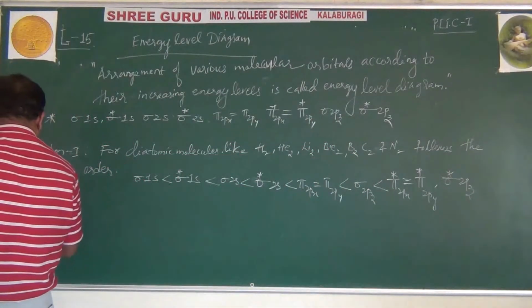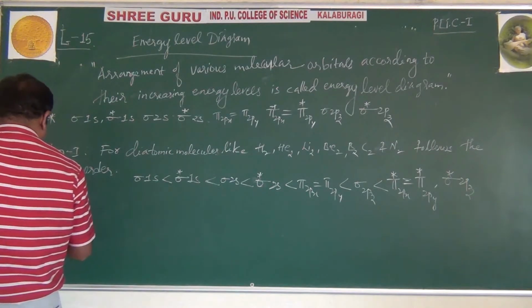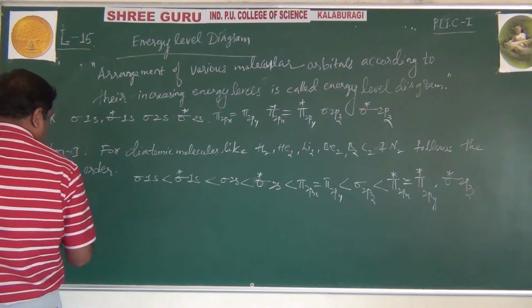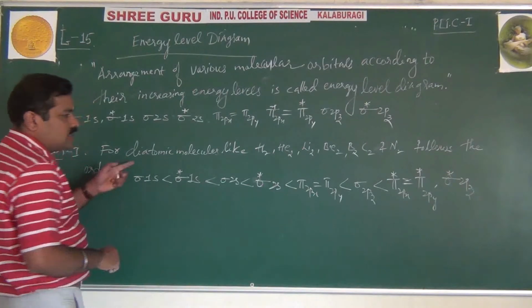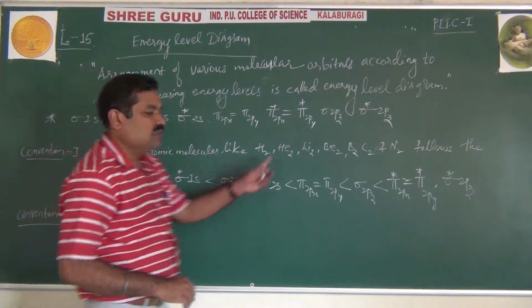Next, convention 2. That means the first is up to atomic number 7 and 14 electrons generally.